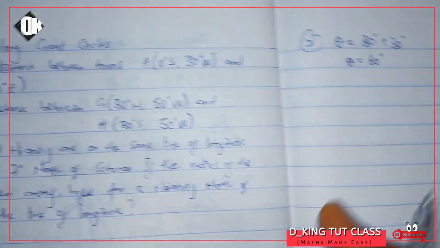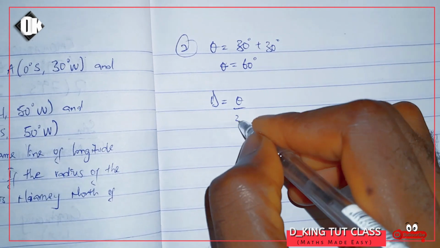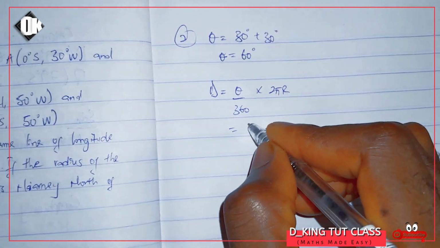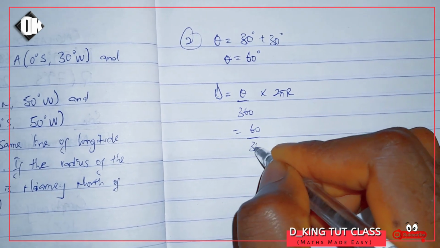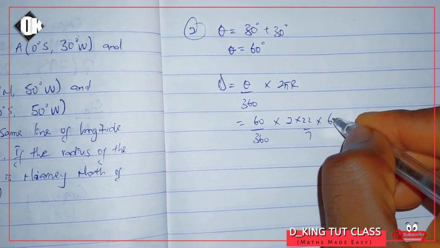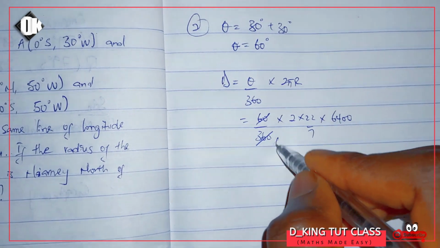If this is 60 degrees, it implies that my distance D becomes theta over 360 times 2 pi r. That's 60 over 360 times 2 times 22 over 7 times 6,400. This is 1, this is 60 here.